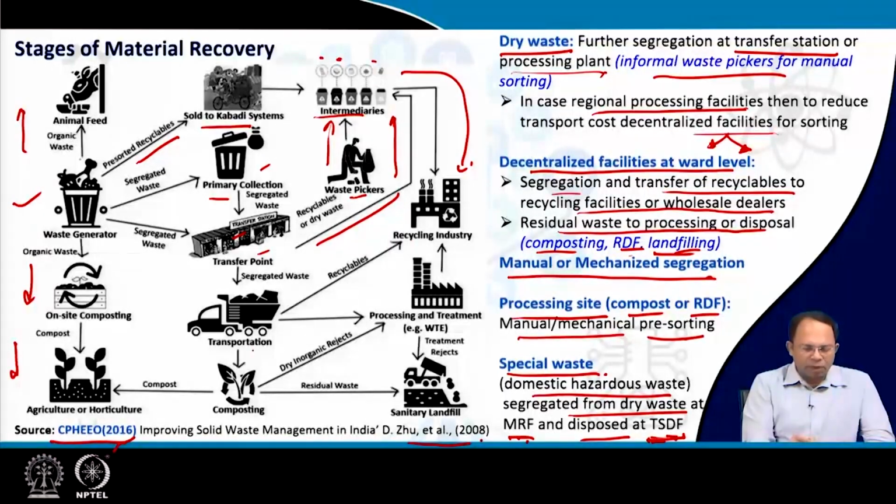From the transfer point, some waste is transported to the processing and treatment facilities, and from there the rejects go into the landfill site. Some waste is taken directly to the landfill site, of course, and the other goes into the organic facilities, where organic waste is taken to the composting facilities, and eventually we can use the compost. So more or less, this is how materials can be recovered from the waste stream.